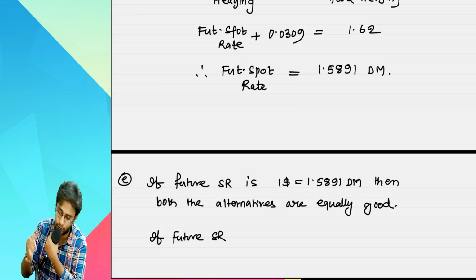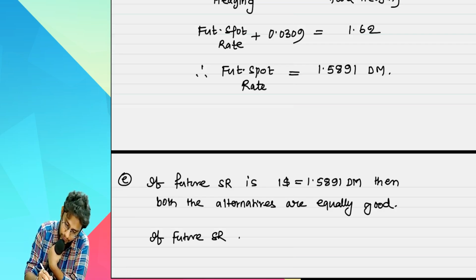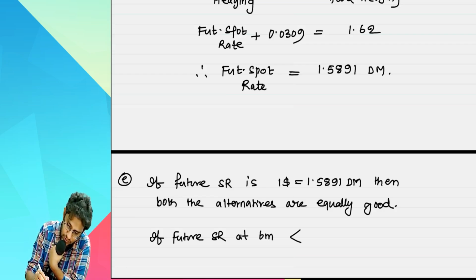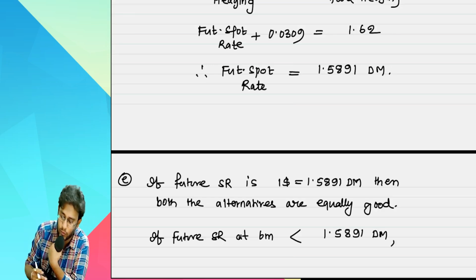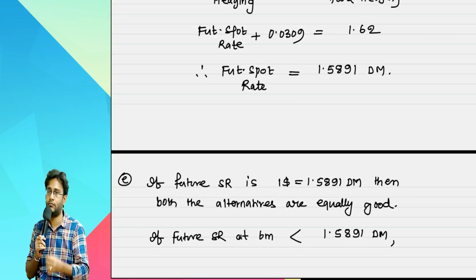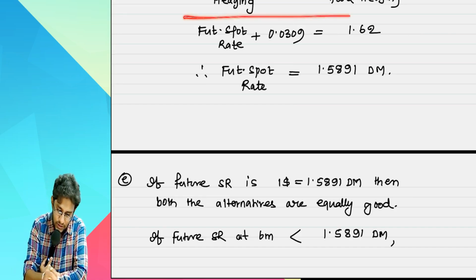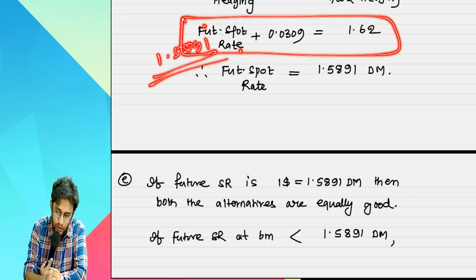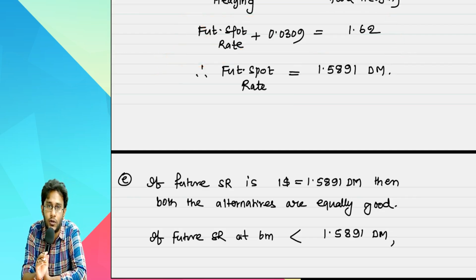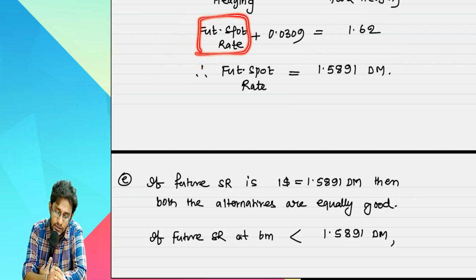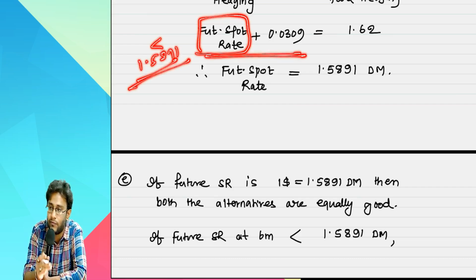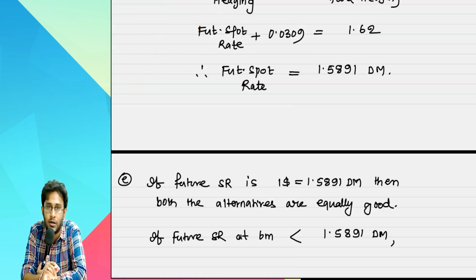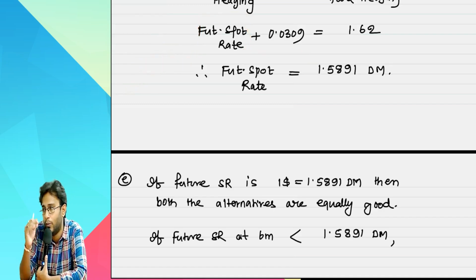So above that, below that we'll see. If the future spot rate at 6 months is less than 1.5891 dm, tell me sir, who will be better? Look at this equation, sir. Here if I write 1.5891, the left side and right side answers will be the same. Both the choices are equally good. But if this is less than 1.5891 at 6 months time, the left side number will be lower than the right side number. That means the outflow in options hedging will be lower.